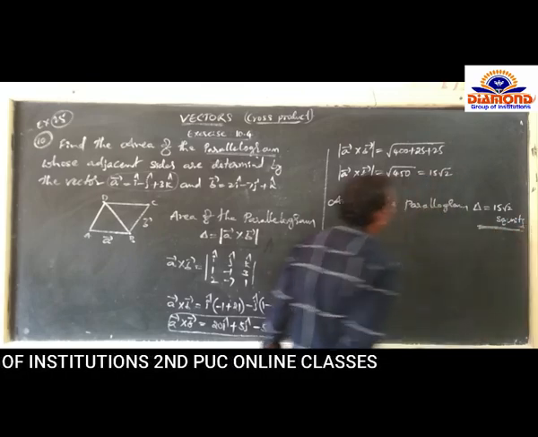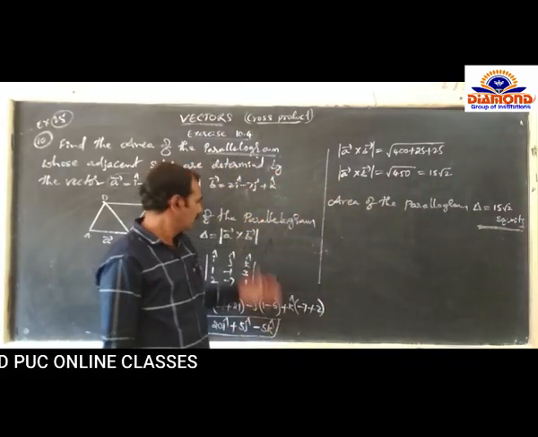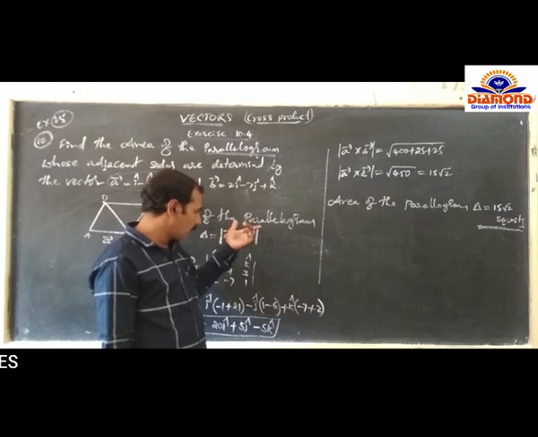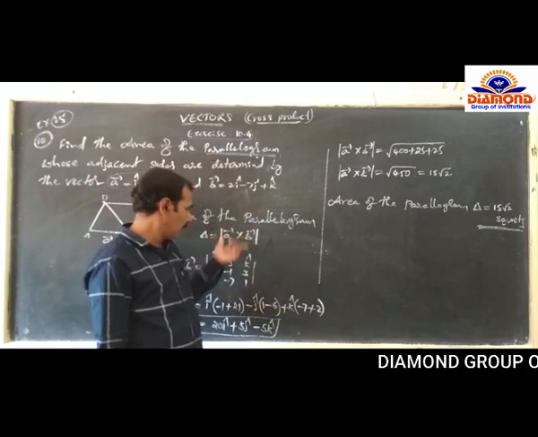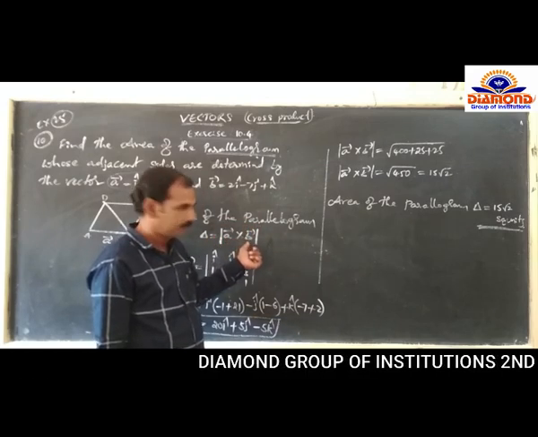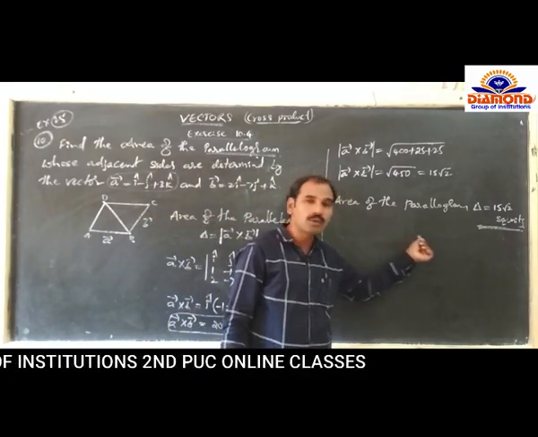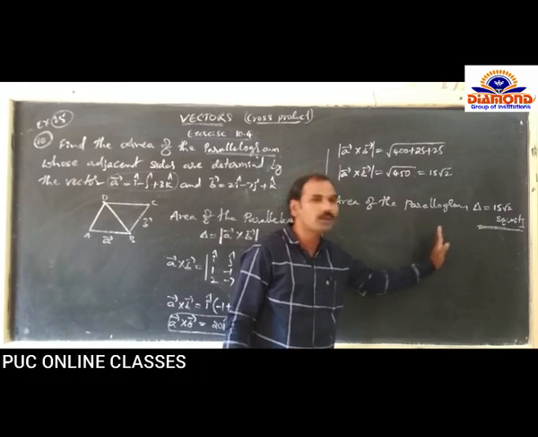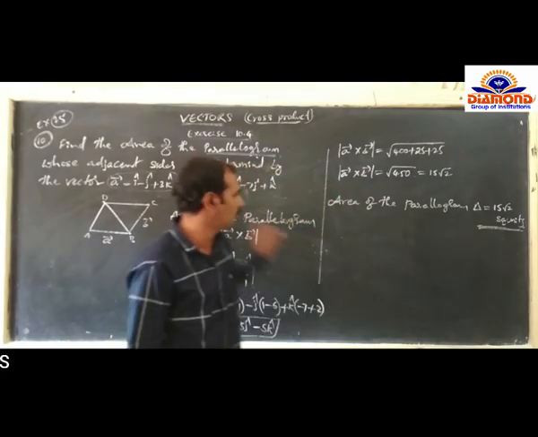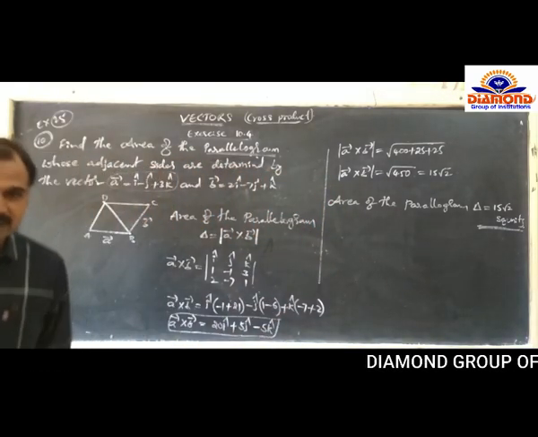This is a very important problem. The area of the parallelogram is delta equal to the magnitude of A cross B. The area of the triangle is delta equal to half the magnitude of A cross B. Same method for both. So simple, easy questions.